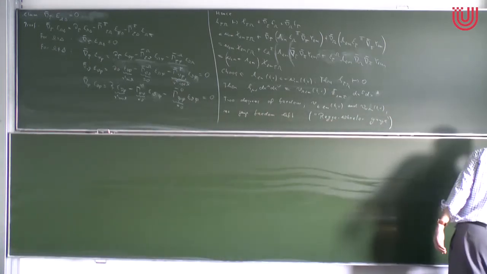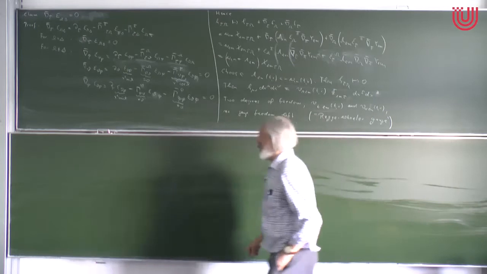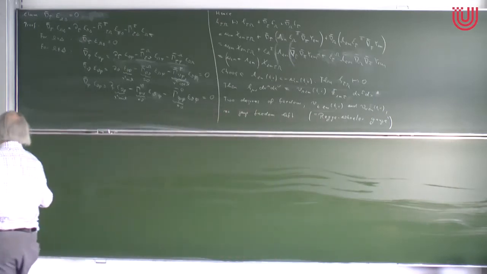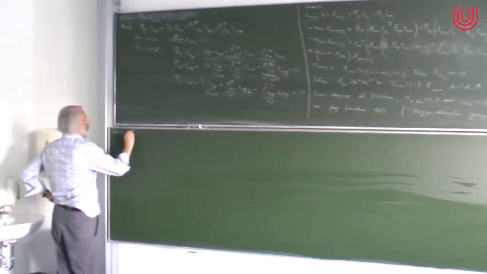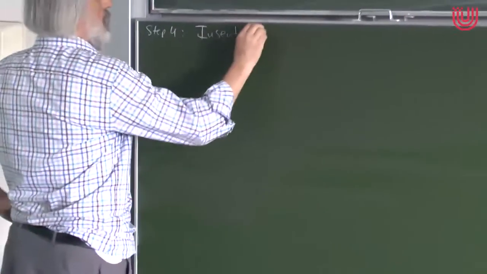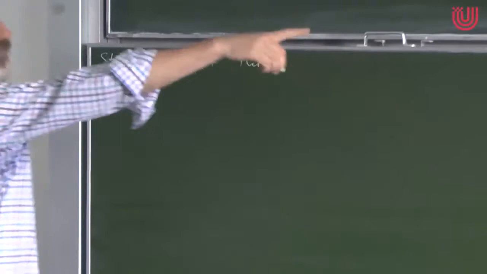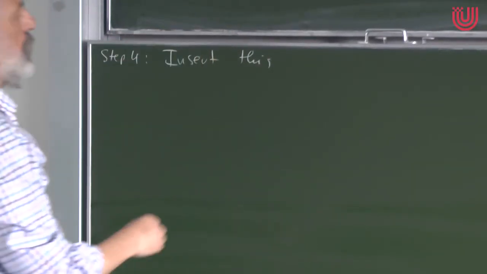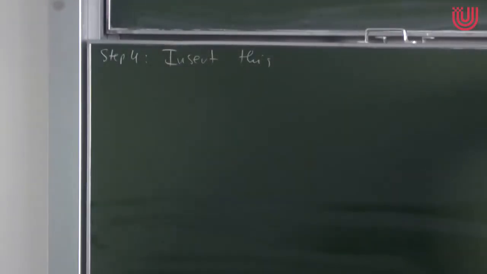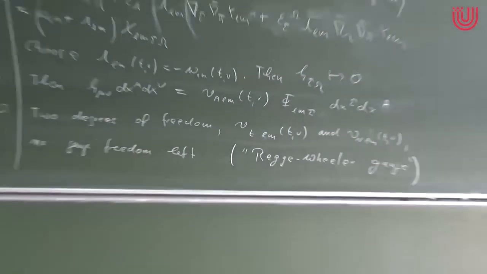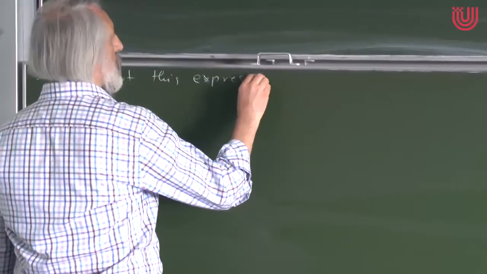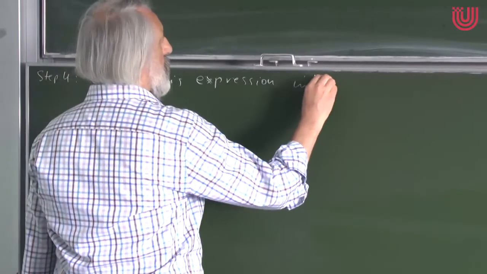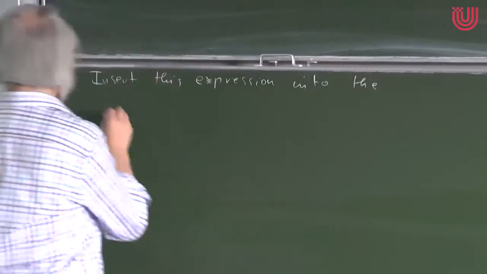So how does the field equation look? Actually, we derived it in an arbitrary form. So step 4: insert this expression which we had derived in this last step into the linearized vacuum field equation.